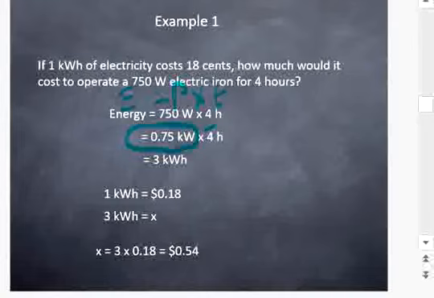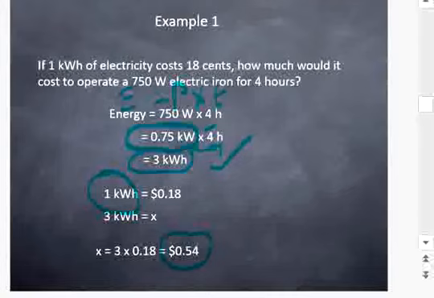It is very important to convert into kilowatts. After you multiply, you get 3, with the unit kWh. This is the amount of electrical energy that you use for 4 hours, and then you cross multiply. 1 kilowatt hour costs 18 cents. If you use 3 kilowatt hours, how much? After you cross multiply, the answer is 54 cents in 4 hours.